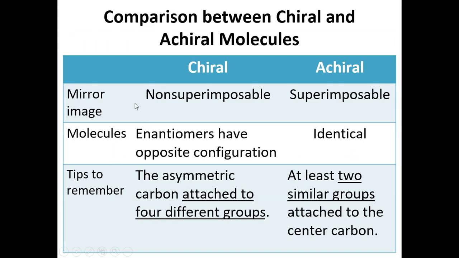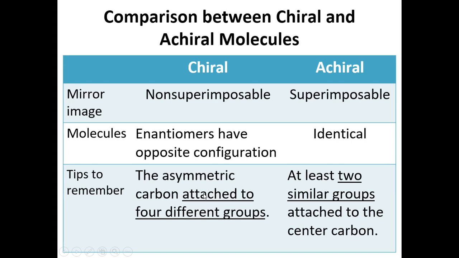So this is the difference between chiral and achiral. First, mirror image: chiral is non-superimposable, achiral is superimposable. Enantiomers have opposite configuration, whereas achiral is identical. Tips to remember: in a chiral molecule, the carbon is attached to different groups.